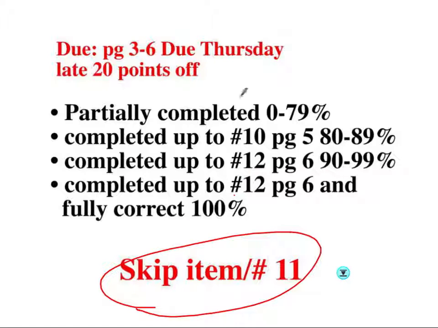If you have partially completed, I'll give you 79% or lower. If you complete it up to number 10, the most you can make is a B. If you complete it up to number 12, the most you can make is an A. And if you do it all the way to number 12 and it is fully correct, then you get 100%.